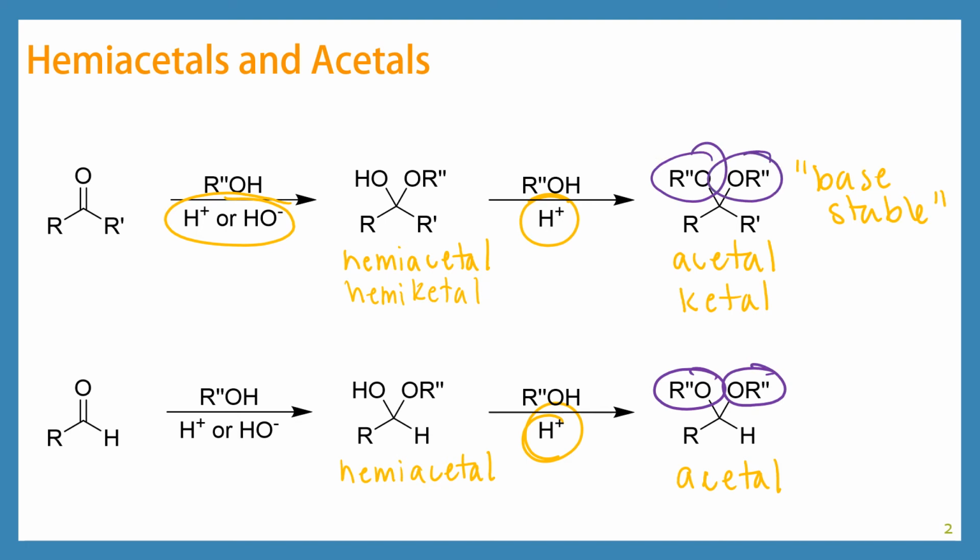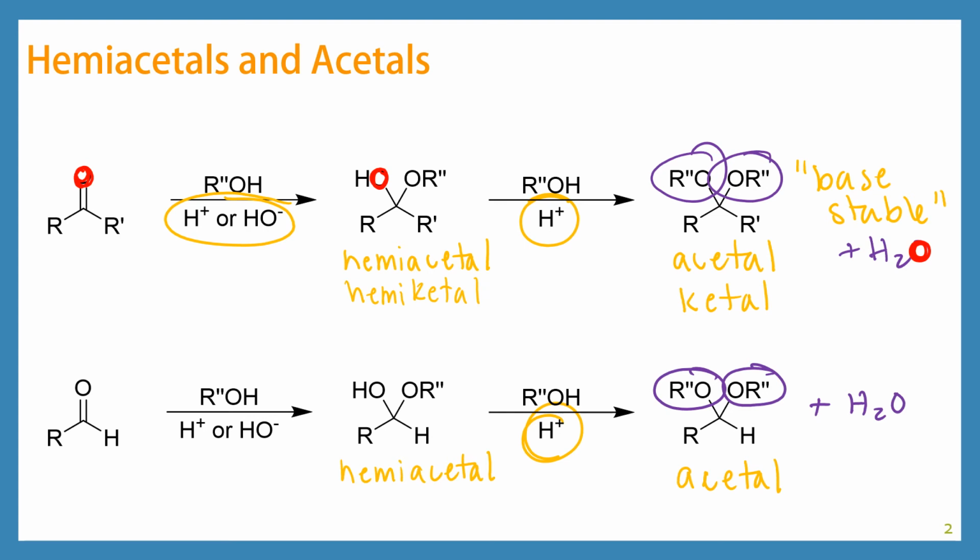The other thing that's important here is that the side product of this reaction is water. And the oxygen that's part of this water molecule is your carbonyl oxygen. So you actually end up losing your carbonyl oxygen, and the two oxygens that you see as part of your acetal actually come from the alcohol.